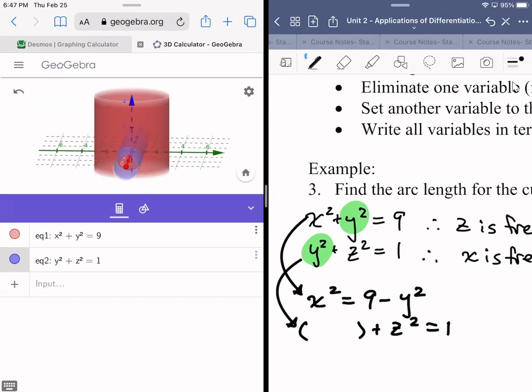Actually, I solved for x squared, so I have to replace... I'm kind of a schlemiel sometimes. I probably should have solved for the y squared.